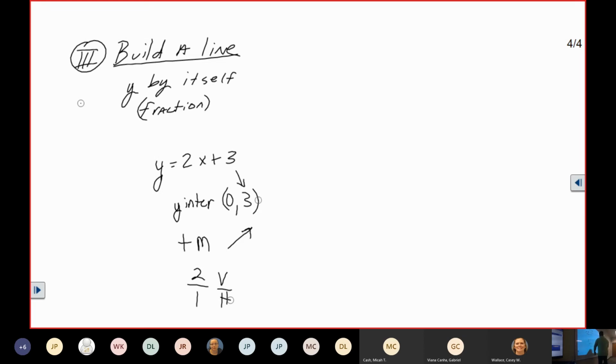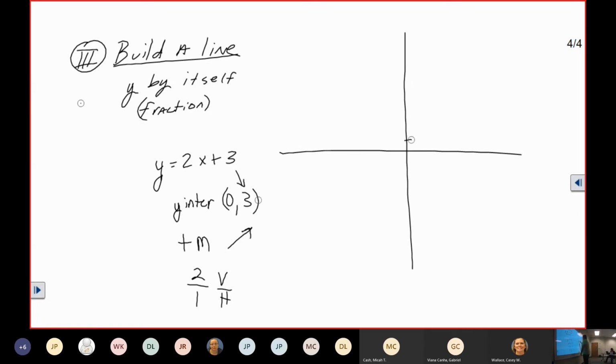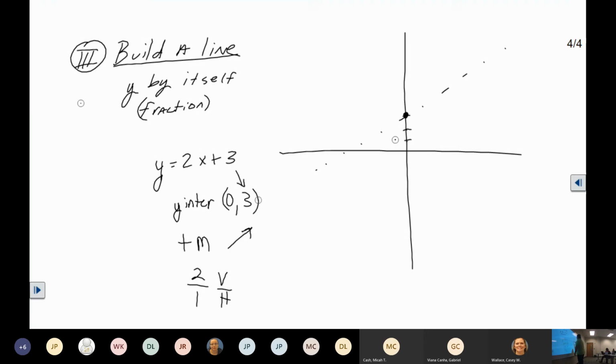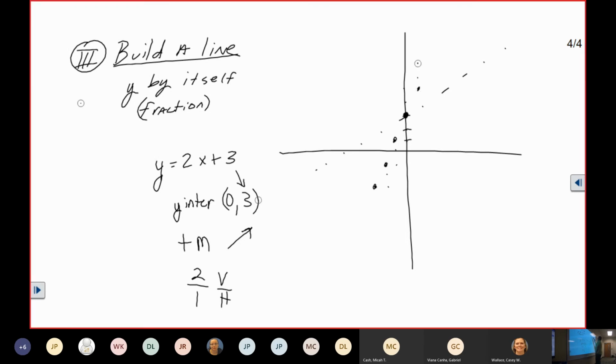Now go to my graph, and I plot my y-intercept. And then I draw my trace line, left to right, up. And then I do 2 over 1, 2 down, 1 over, 2 down, 1 over, 2 down, 1 over, 2 up, 1 over, 2 up, 1 over. And there's my line.